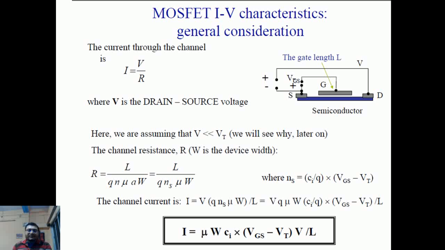The channel current is represented as I, and I is V into Q into Ns mu W by L.